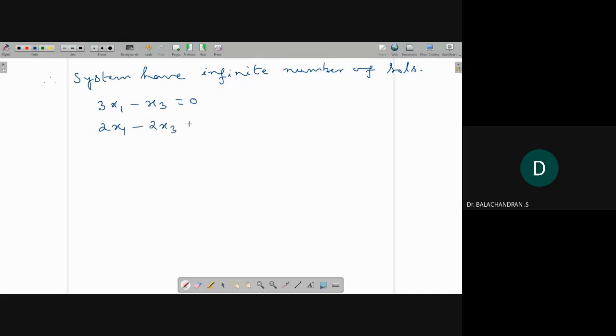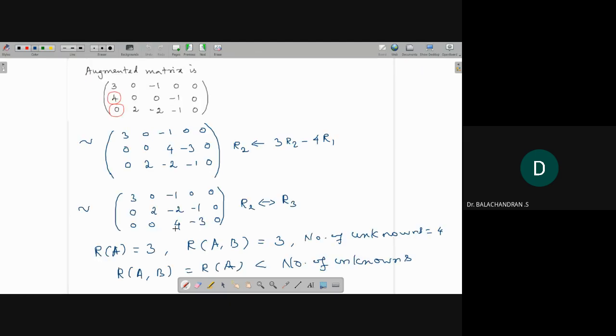Third equation, 4x3 minus 3x4 equal to 0.